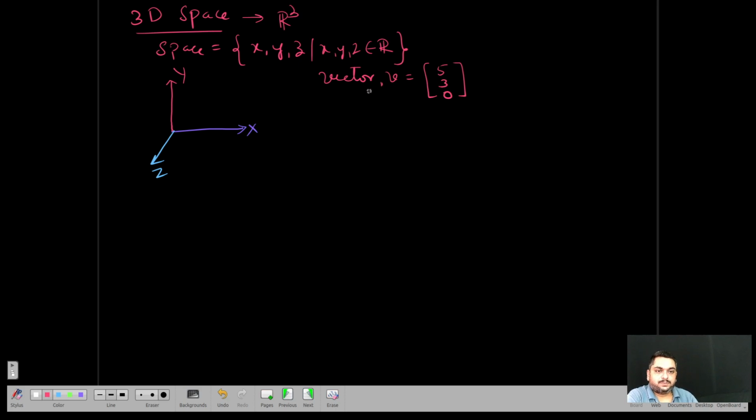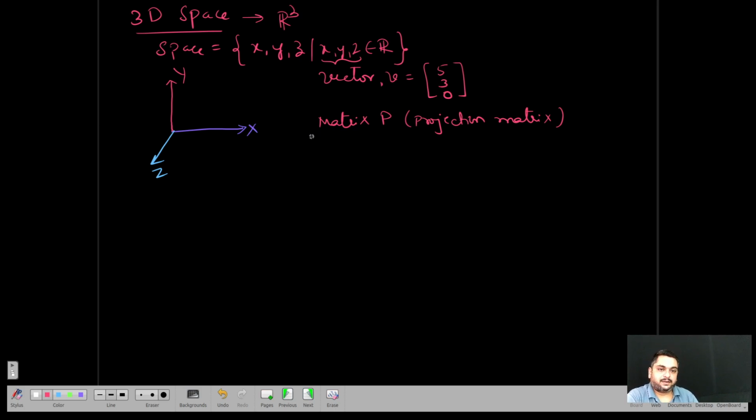Now, what is projection of V? Okay, let us say there is a matrix P. So let us say this is called a projection matrix. This is three-dimensional, that means there are x, y, and z, three axes.